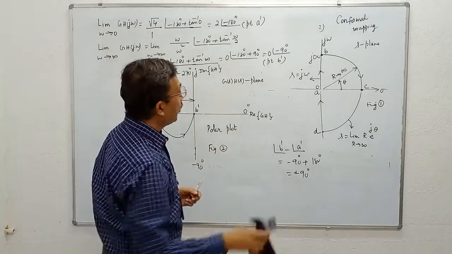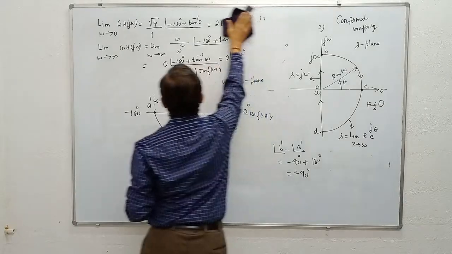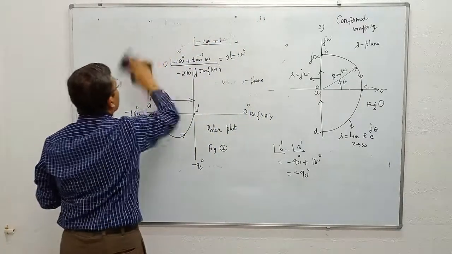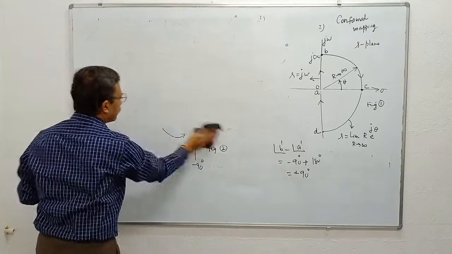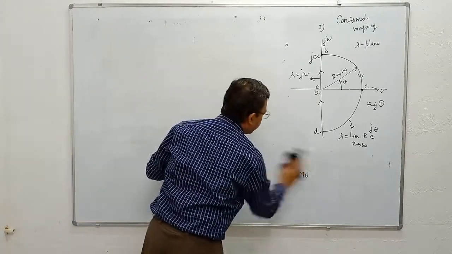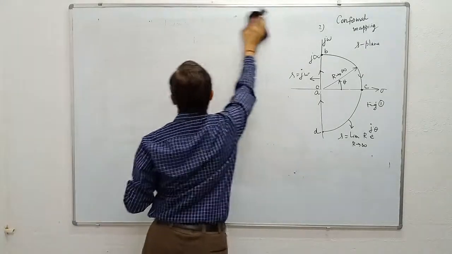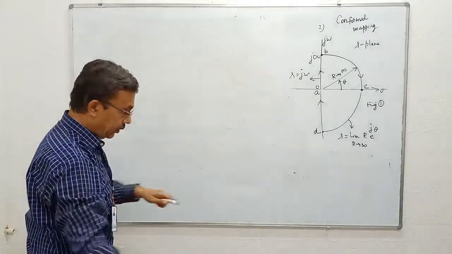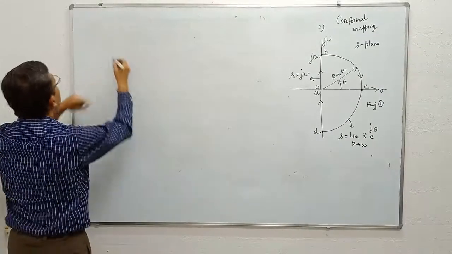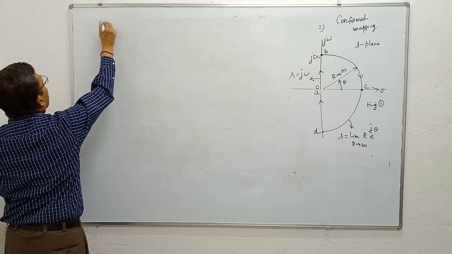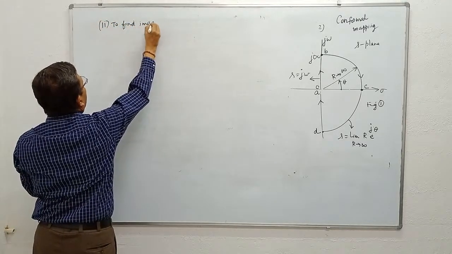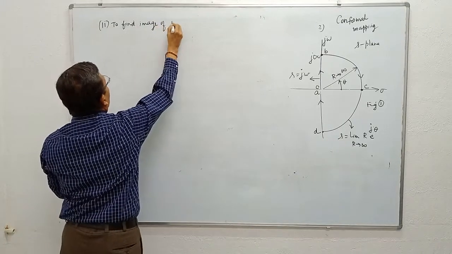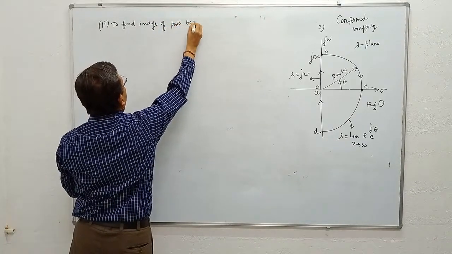Next I have to find the image of path BCD. Section 2, to find the image of path BCD.